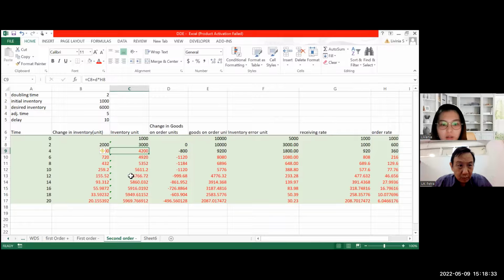Then change in code is just minus, right? Between the two consecutive. But the inventory unit in your slide is 5,000. Oh, in my computation I got 5,000. Yeah, yours is 5,000.